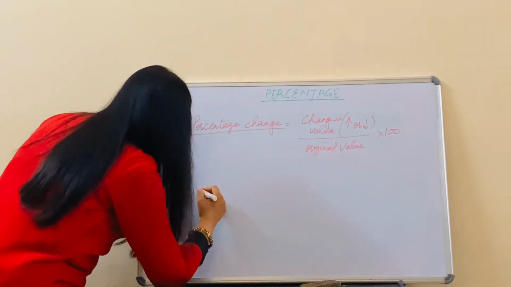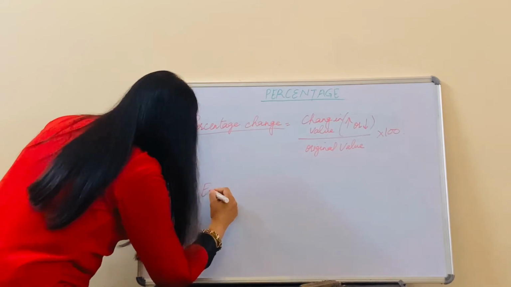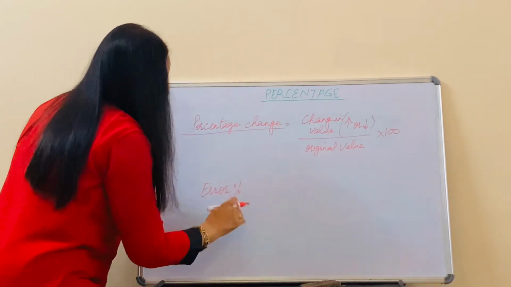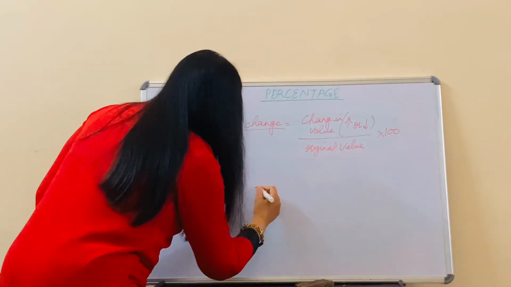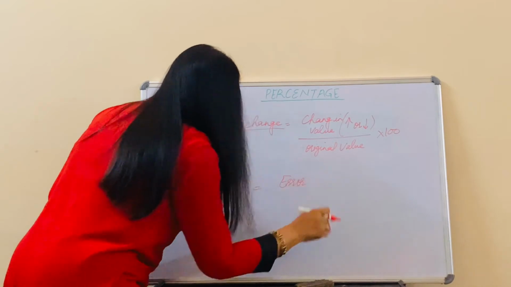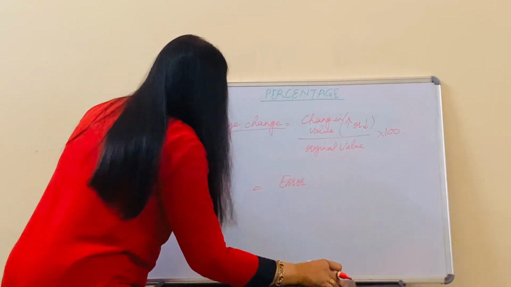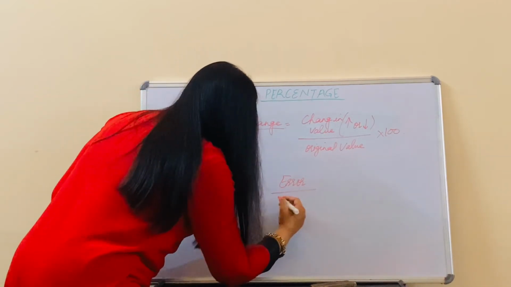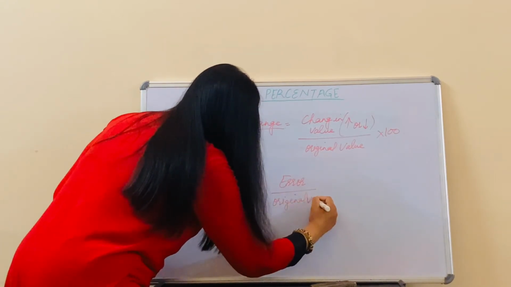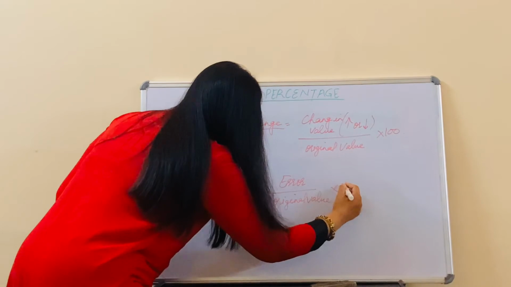The another one is error. Due to error means how much error is there in the values divided by the original value into 100.